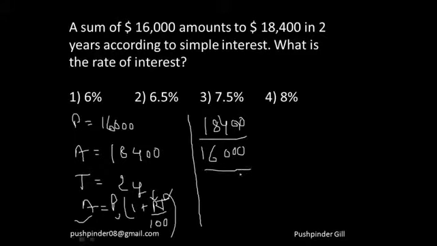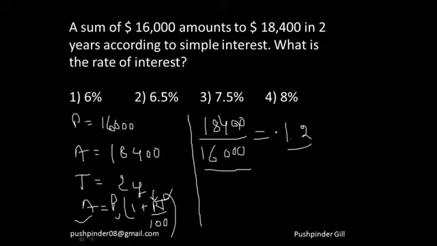Try calculating it, right? So if you try calculating this, let's suppose it comes out to be something like 1.2. So if it is 1.2, that means it's an increase of 20%. 20% in 2 years, that means an increase of 10% per year. I'm just hypothetically saying, let's suppose this comes out to 1.2.